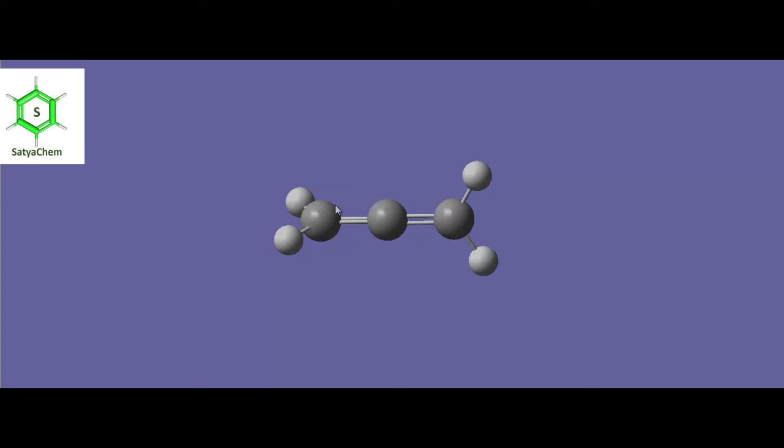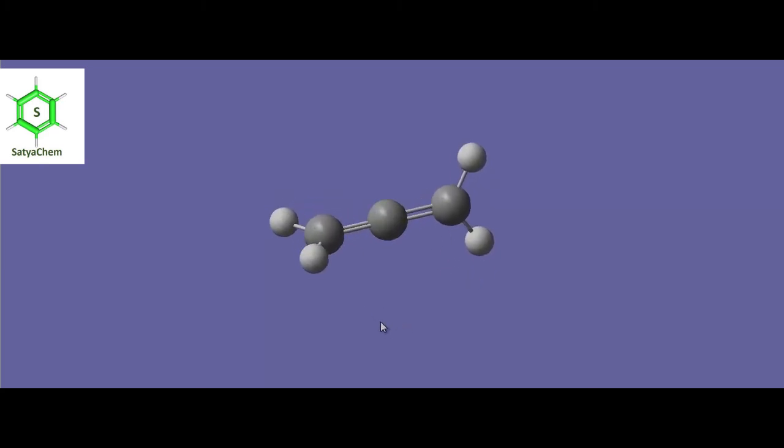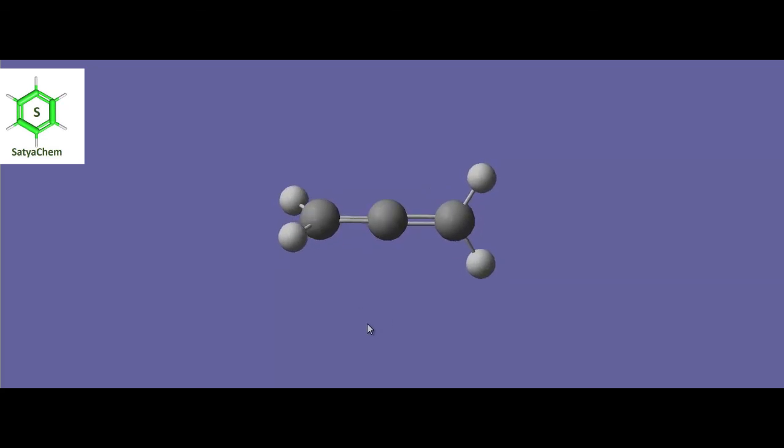But for a terminal carbon, the number of pi bonds arising from it is 1, so these two terminal carbons are sp2 hybridized. You will understand better if I draw the pi bonding of the allene molecule. Let's take this view.